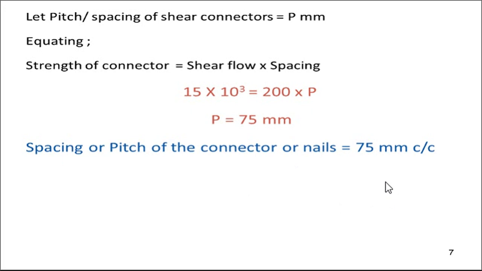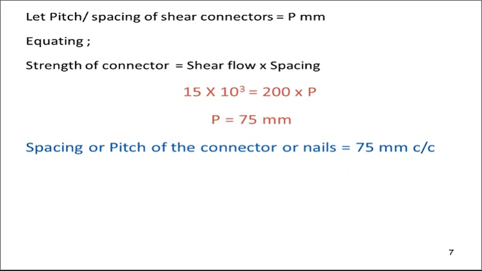If there are nails or bolts, the spacing or pitch of these connectors can be determined using this relation: the strength of the connector is equal to shear flow multiplied by spacing. So capital P is equal to 75, which means the center to center distance between these two nails or bolts is 75 mm cc. Cc means center to center distance.